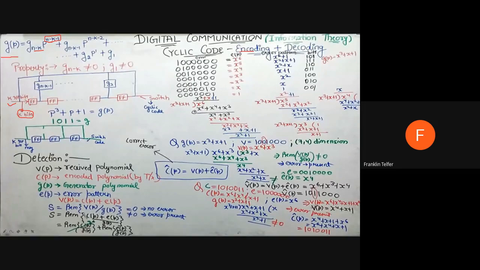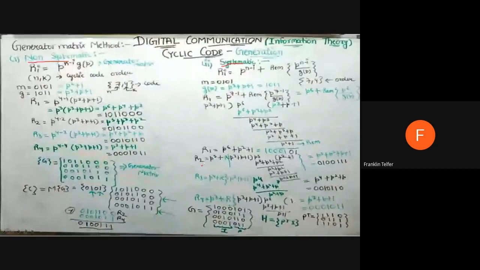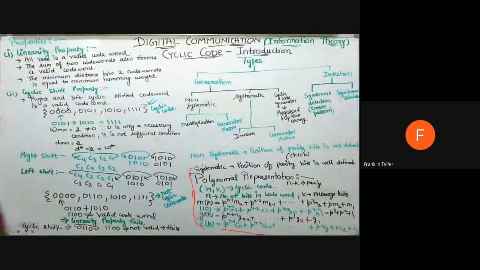Next you have a flip flop, or a shift register, which is a memory element. So you have n minus k flip flops, and in between you have g of n minus k minus 1, the first generator polynomial coefficient, then consecutively the second, from the generator polynomial equation. From that equation you can define your generator polynomial.